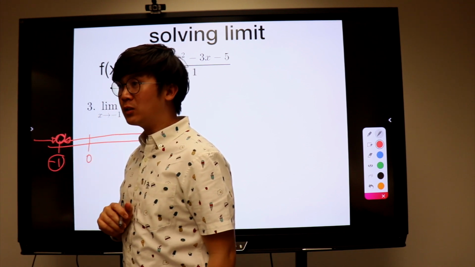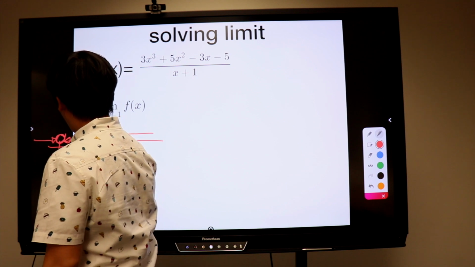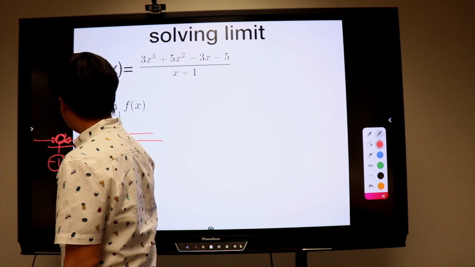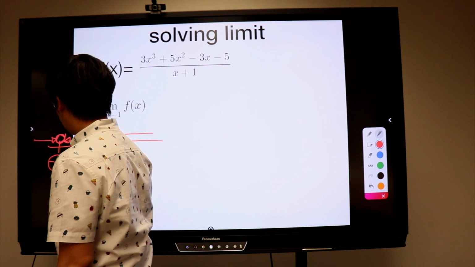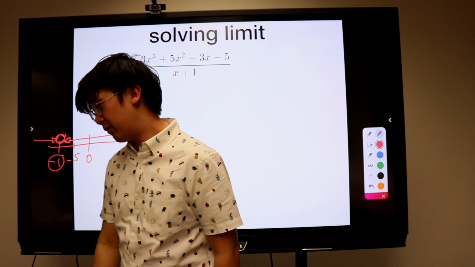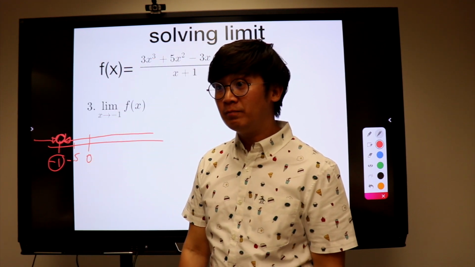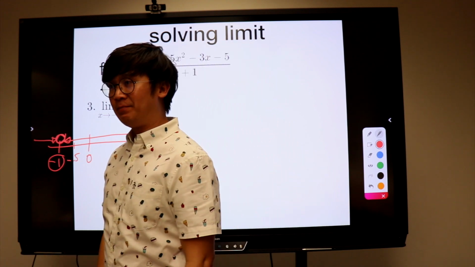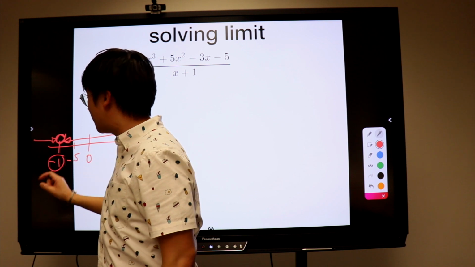Now, how are we going to do that? Let's use a number between -1 and 0. What is a number between -1 and 0? -0.5. So push -0.5. Is it giving you a value? Now, we need to move closer to -1.